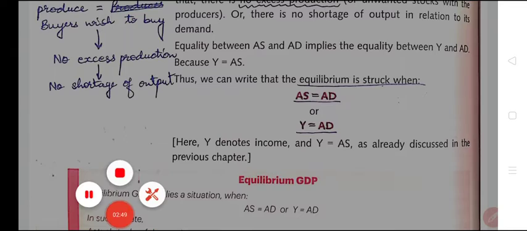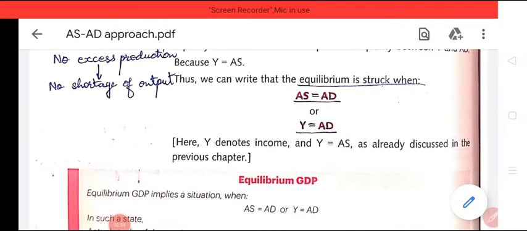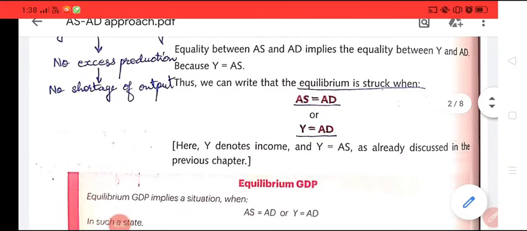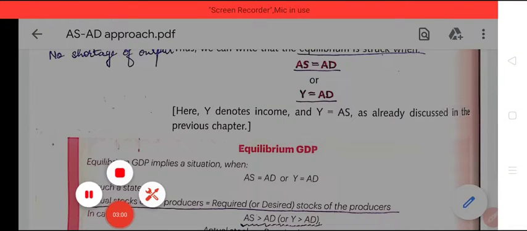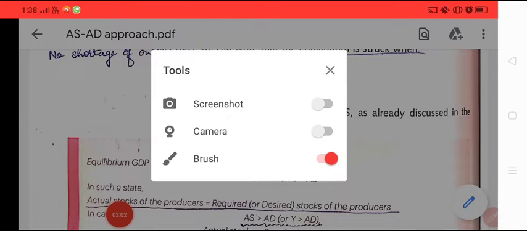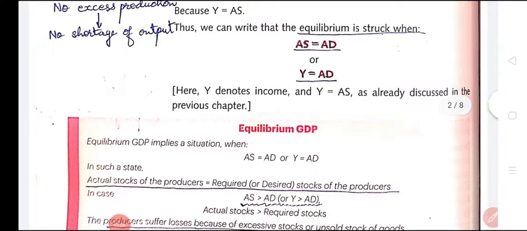As flashed on your screens, you can see a point where aggregate demand equals aggregate supply, and this aggregate supply is also referred to as income. So Y denotes income and Y equals AS, as we have already learnt previously.